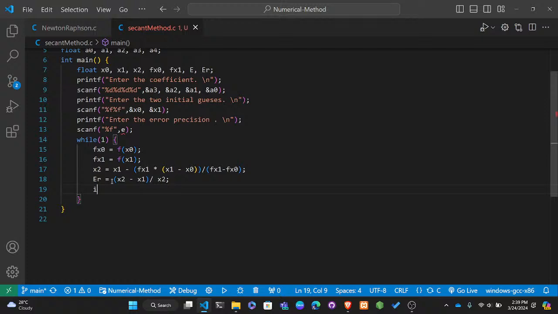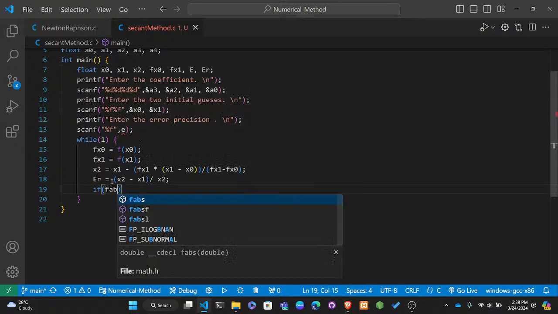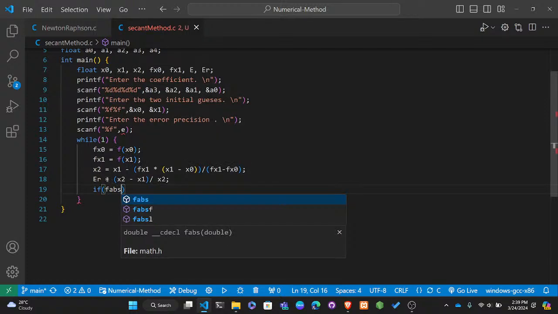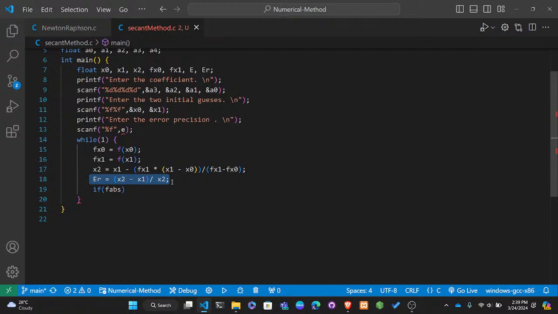So let's use a function called fabs. Fabs means whether the value is positive or negative doesn't matter, it will always be positive.